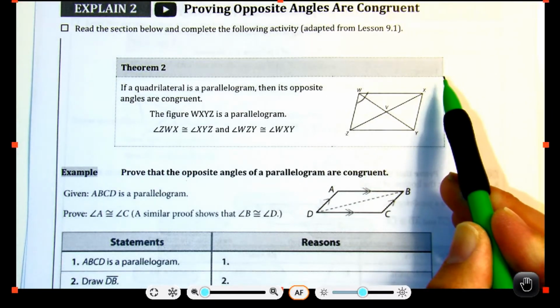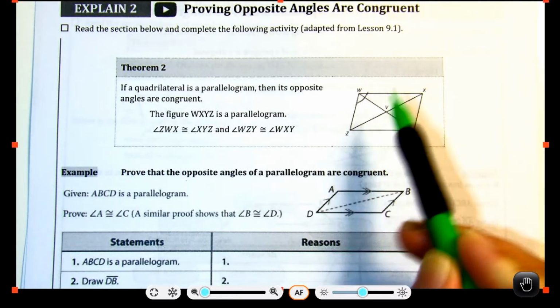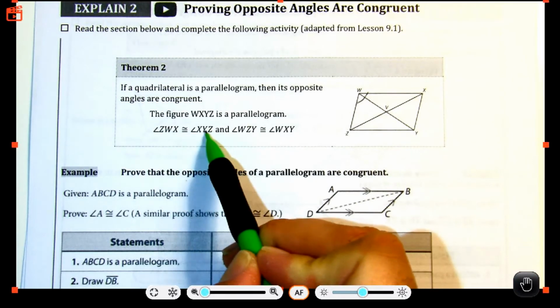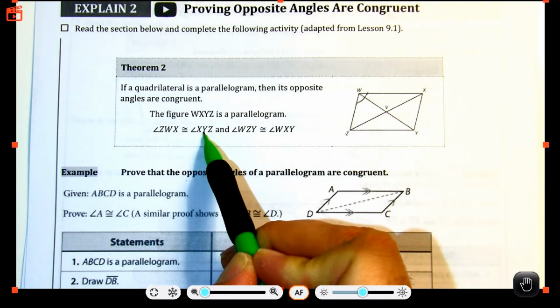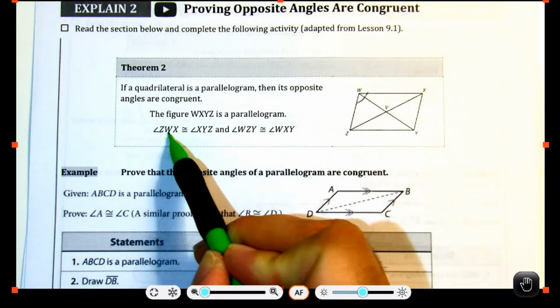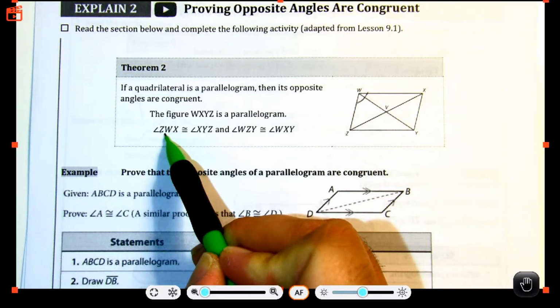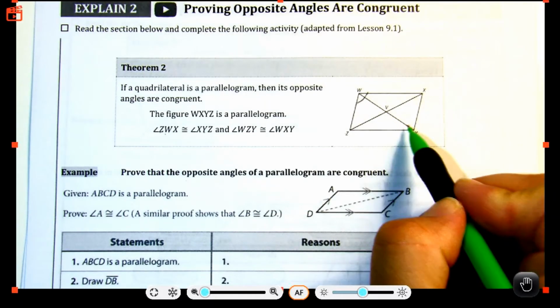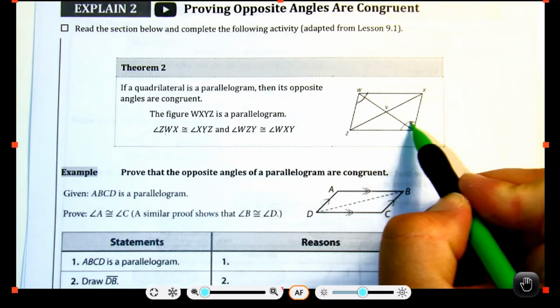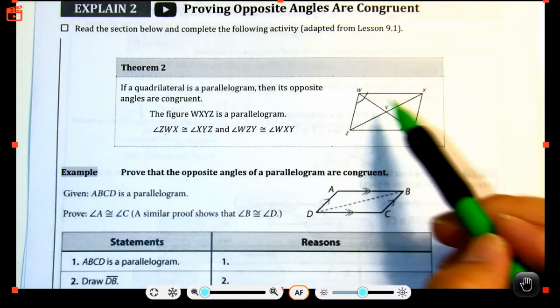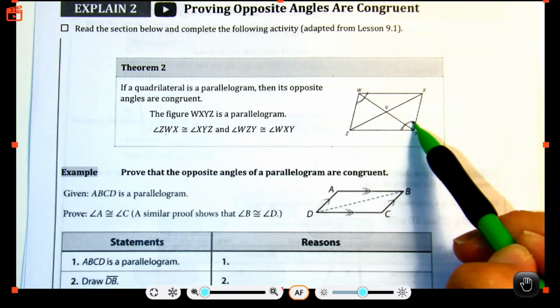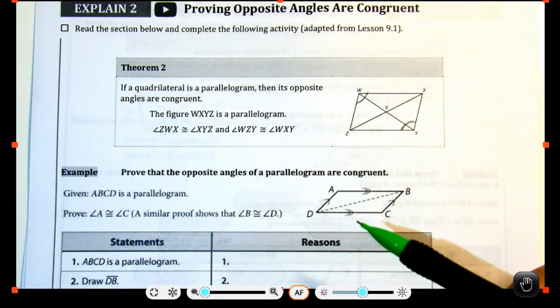So XYZ is pretty much angle Y. ZWX is angle W. So this is angle XYZ. So this angle is congruent to this angle. This is what this theorem is telling us. Opposite angles are congruent to each other.